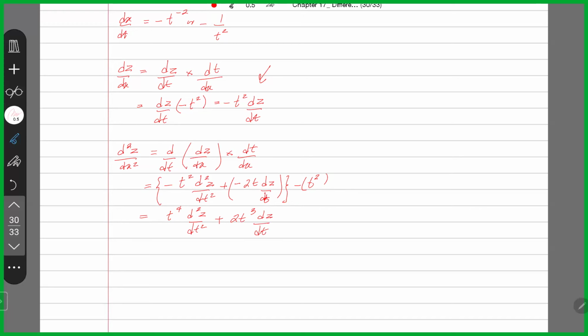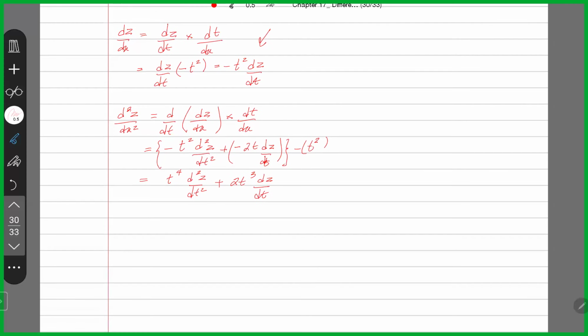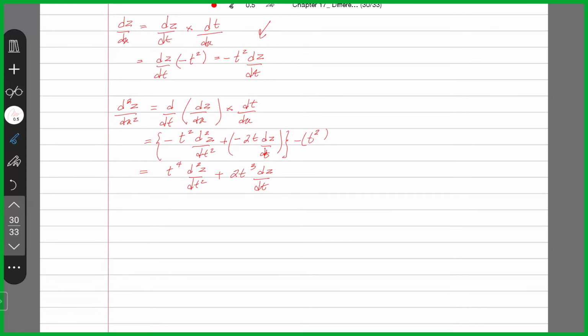Now, substituting this into x to the fifth d2z by dx squared plus, 2x to the fourth minus 5x to the third, dz by dx plus 4xz is equal to 6x plus 3.